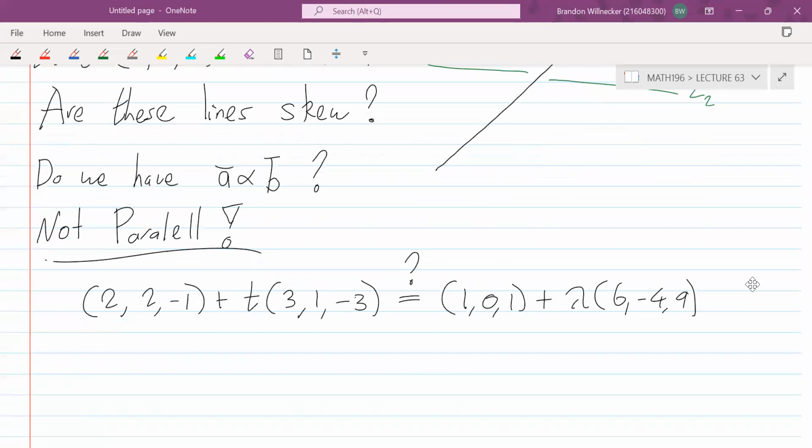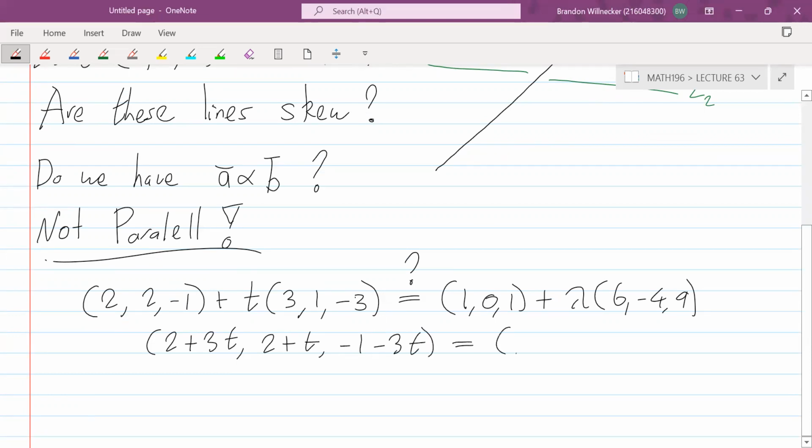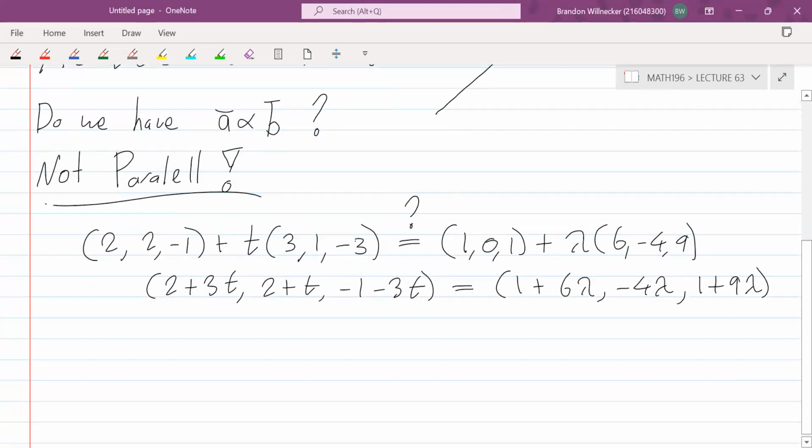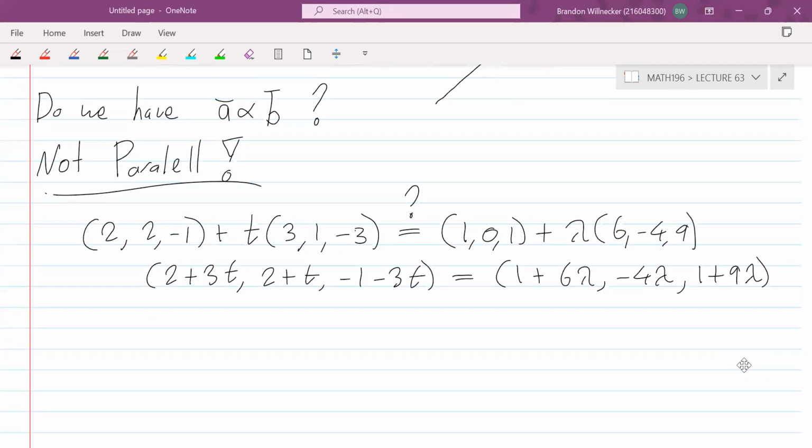Let's add up the two vectors on both sides. On the left-hand side, we get 2 plus 3t, 2 plus t, and -1 minus 3t. On the other side, we get 1 plus 6 lambda, then 0 minus 4 lambda, and then 1 plus 9 lambda. If these two vectors are equal, then each of the components are equal.